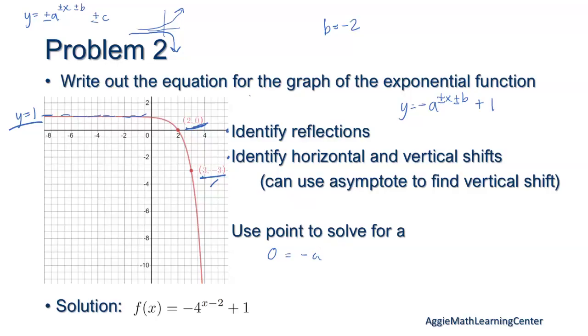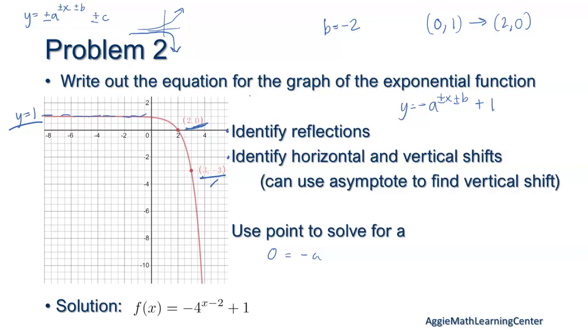But in this case, you don't have that point anymore. Instead, 2, 0 is the point it got shifted to. So for your x value, that used to be 0 in the original, but it got shifted to the right 2. And therefore, it's going to become x minus 2.